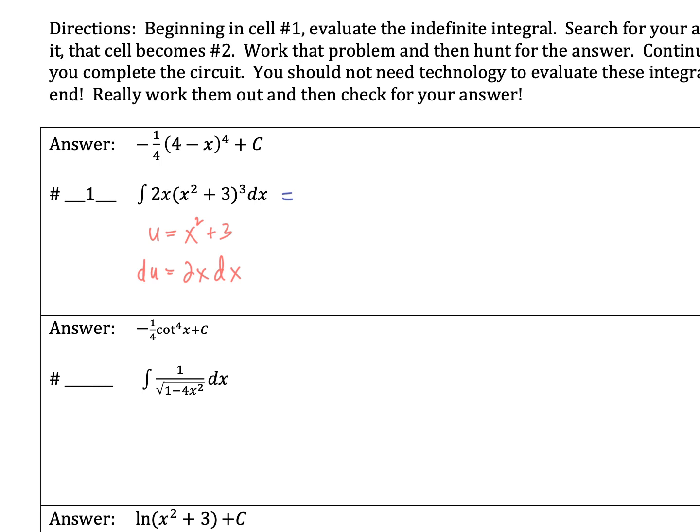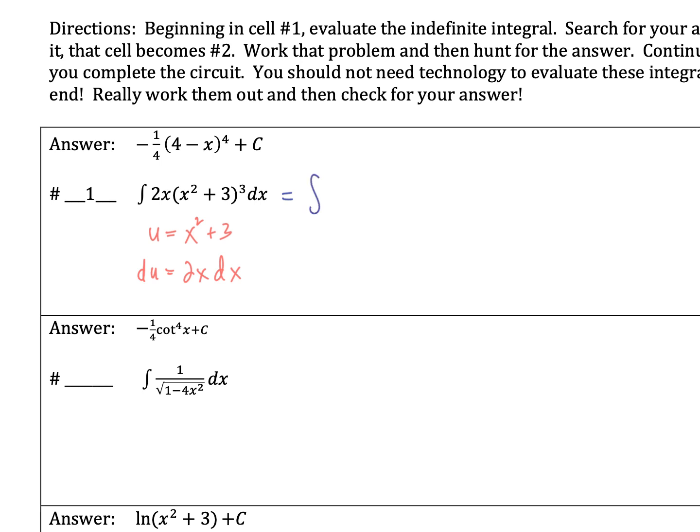So yeah, just be careful. According to this, u is x squared plus 3. So since we have an x squared plus 3 here, we can replace that with a u.